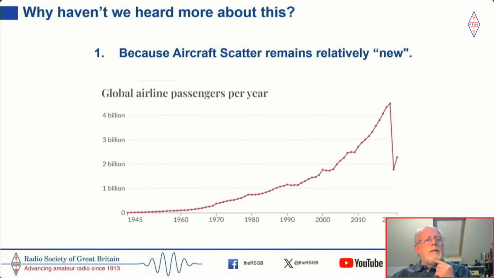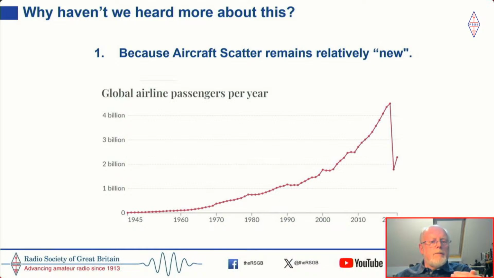Just look at this. This is an interesting piece of social history, if nothing else. Global airline passengers in each year from 1945 up to 2021, which is just after the COVID shutdown. I'll come to that in a minute. But as you can see, nothing happened until the early 1960s.